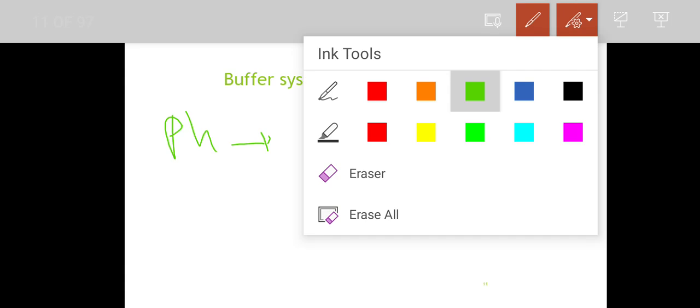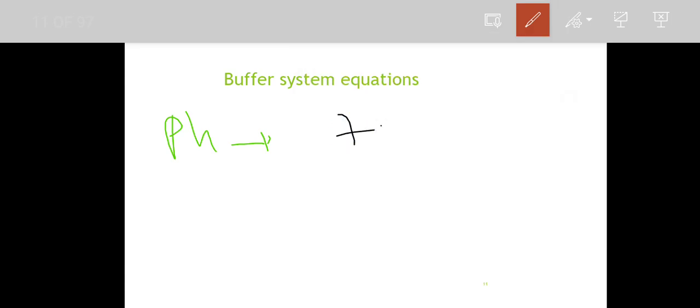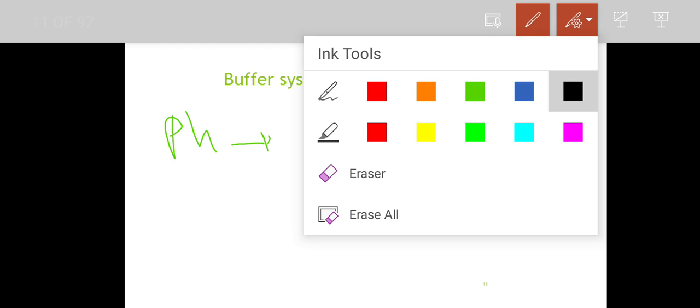So now we described on the pH, we said the normal range of pH is 7.35 and 7.45. That's what we said. So what usually happens is this.